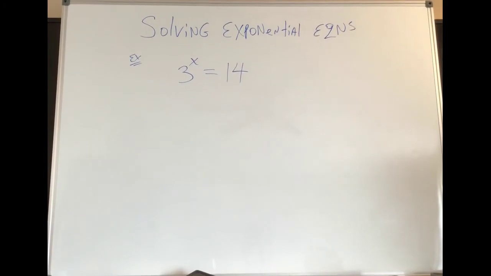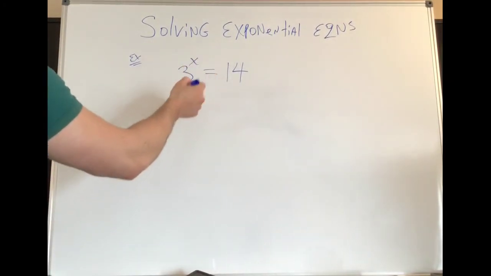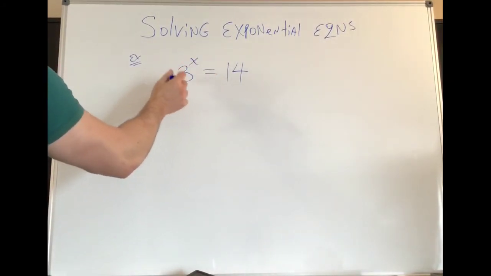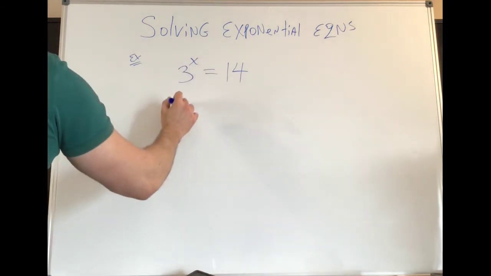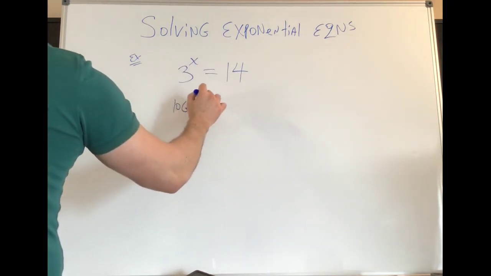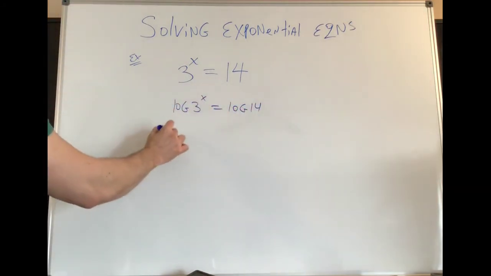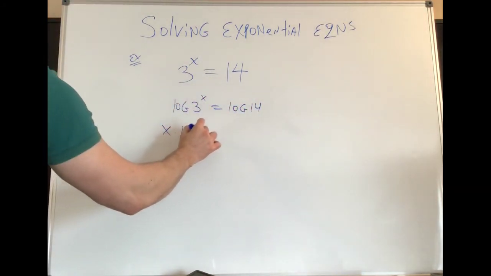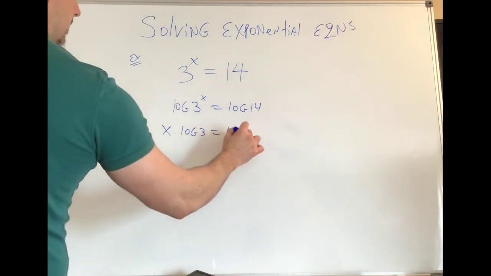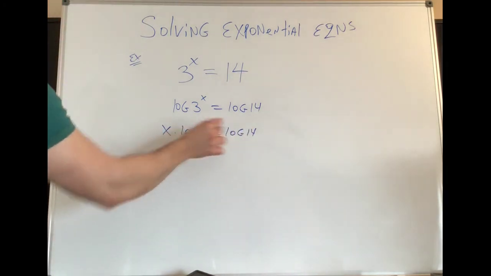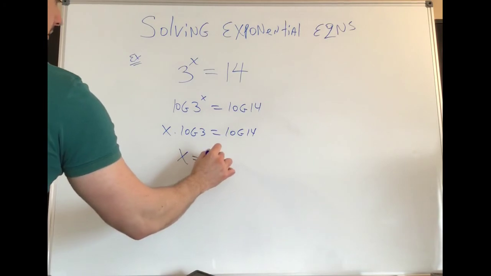I'll do one really quick just to show you how easy this one's going to be. I'm looking for the power of 3 that gives me 14. So I take log of both sides. Move the power to the front. Divide this over to there.